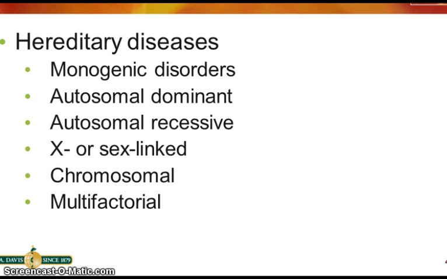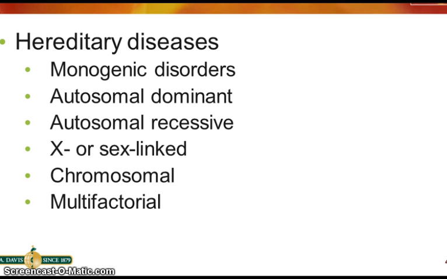So here are some hereditary disease factors and conditions and definitions. Monogenic disorders are caused just by one gene. Autosomal dominant means by a gene of the body rather than a gene of the X or Y chromosome.